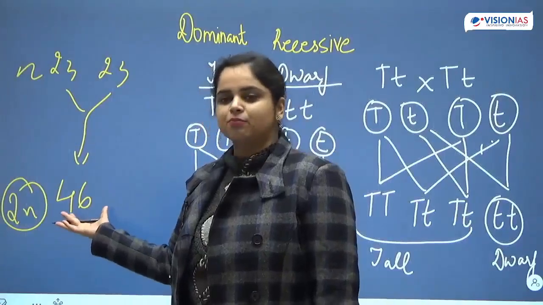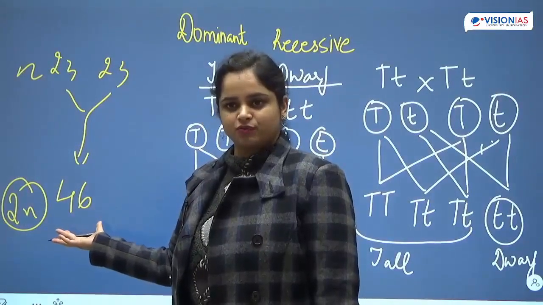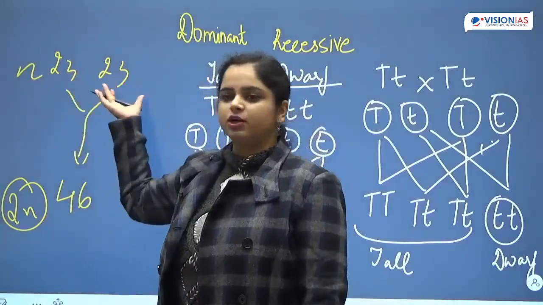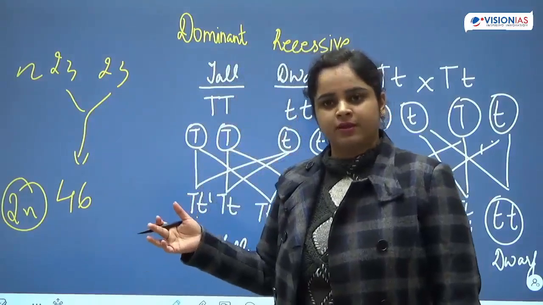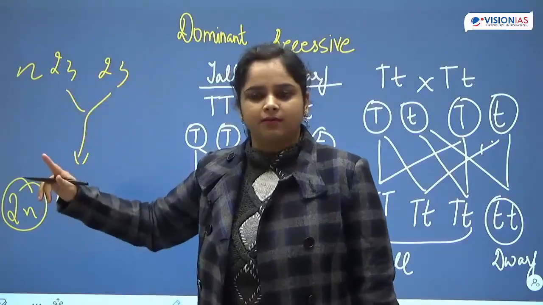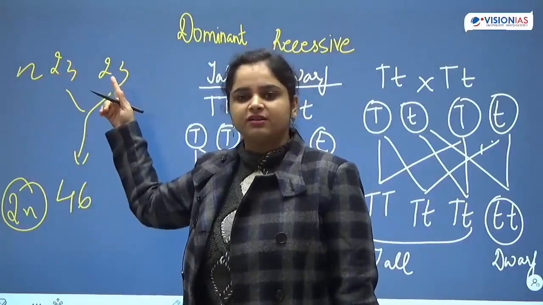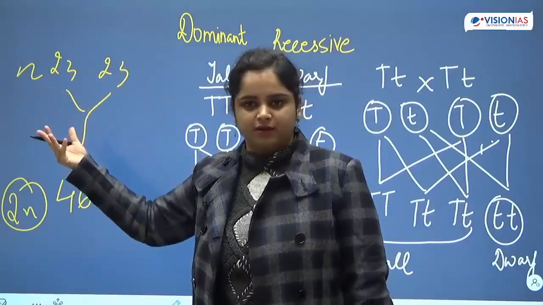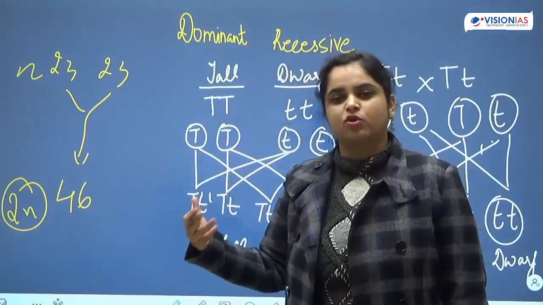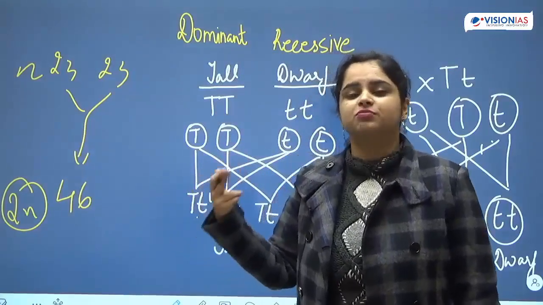I am taking the example of human beings. 23 come from mother, 23 come from father. And that means आपकी body में pair बन गया. Both the parents gave you 23, you have now twice the number of that. And they are giving you all the same genes. That's what we studied when we studied homologous pair of chromosomes.